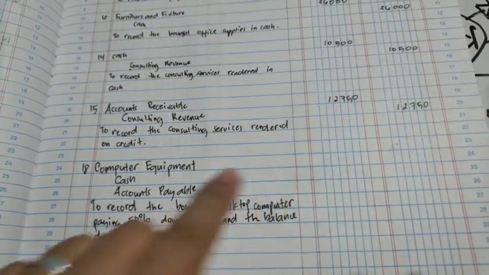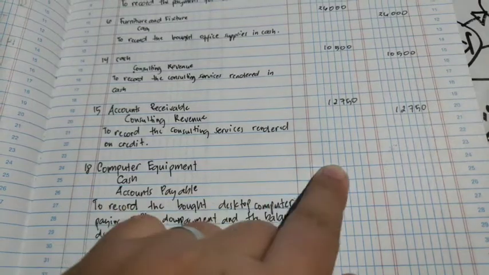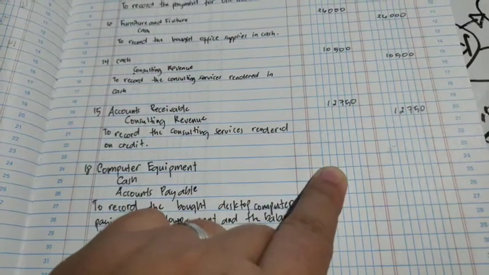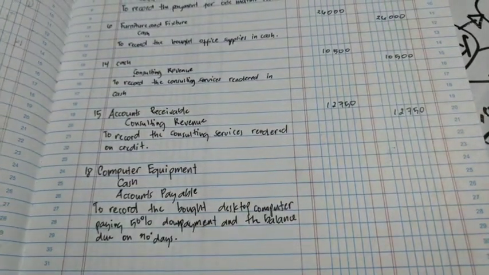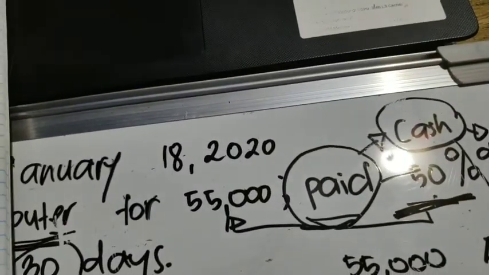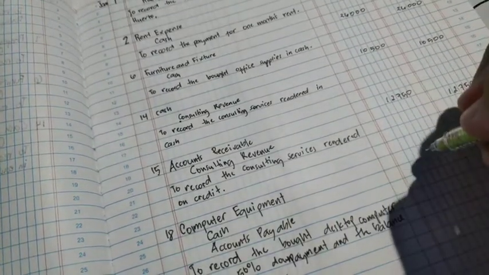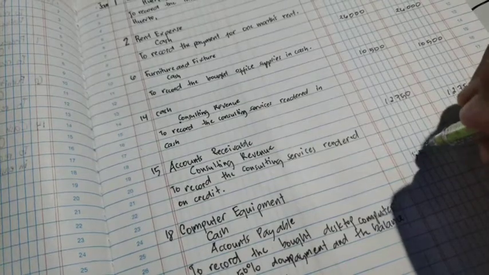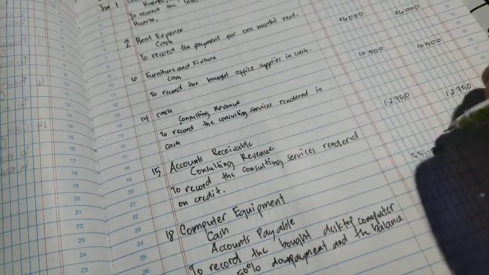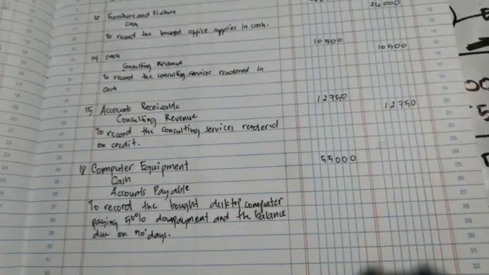Okay, so what will be the amounts that you will be writing on each side for the debits and the credits? So for the debits, you will directly enter the whole amount of the desktop computer. In this problem, the whole amount of the desktop computer is 55,000. So you will write 55,000 on the debit side straight to the computer equipment account title. Okay, now you are done with the debit.